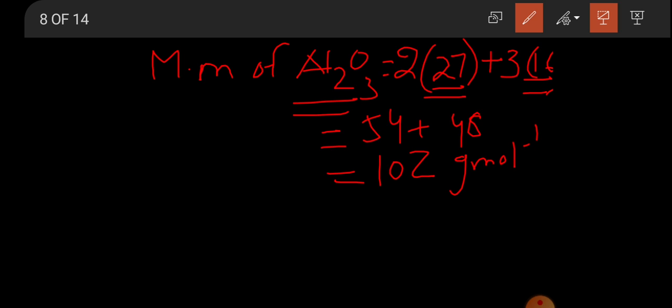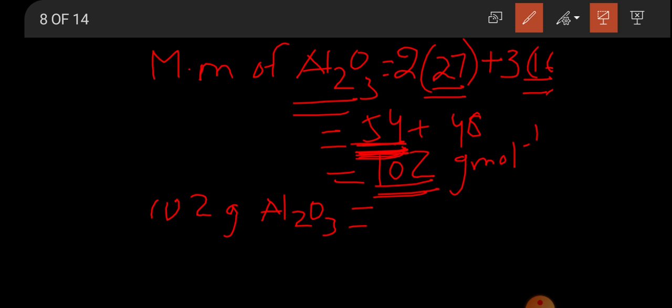So 102 gram of aluminium oxide contains how much gram of aluminium? We know that the mass of aluminium present in aluminium oxide is 54 gram. So 102 gram of aluminium oxide contains 54 gram of aluminium.